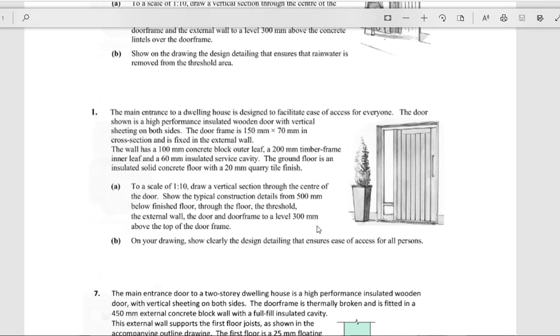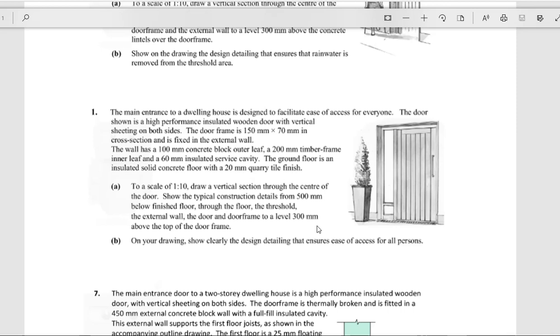Second question here, again from the Leaving Cert exam higher level paper. A more modern take on this door question. The main entrance of a dwelling house is designed to facilitate easy access for everyone. The door shown is a high performance insulated wooden door with vertical sheeting on both sides.